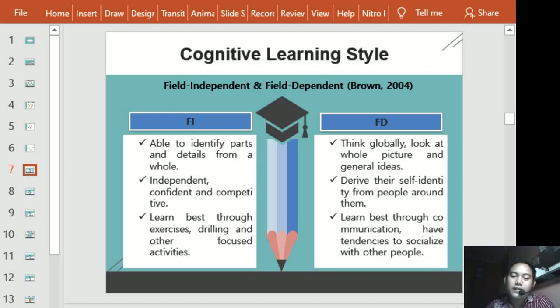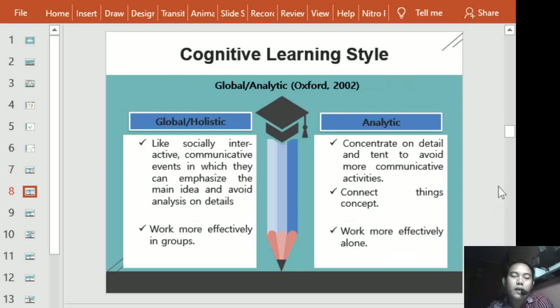Learners who are field dependent may prefer group projects and need more assistance from the instructor. One way to help these students is to make sure that any diagrams and illustrations used as visual aids contain verbal information explaining them.